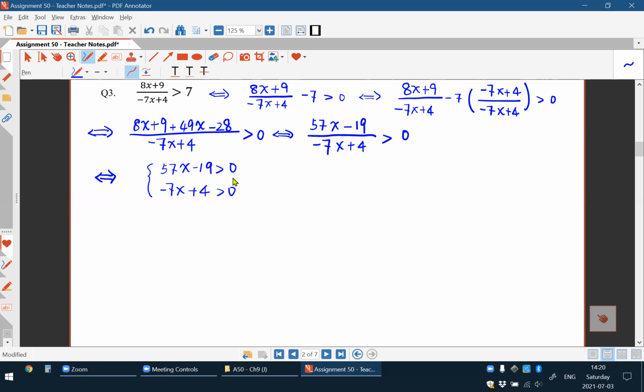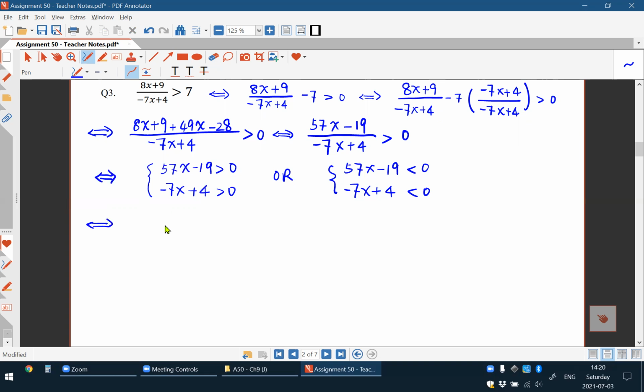So positive number divided by a positive number gives us a positive ratio. Or we can also have a negative numerator and a negative denominator. So negative numerator divided by a negative denominator also gives us a positive ratio, right?